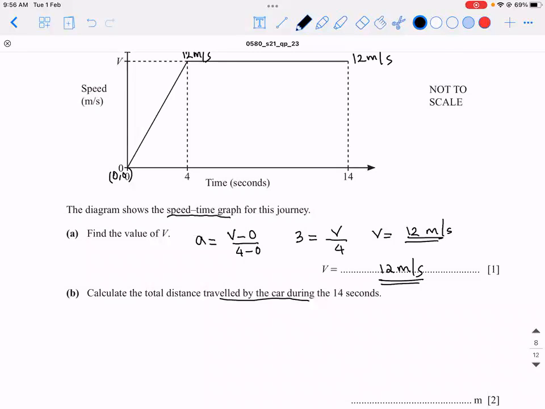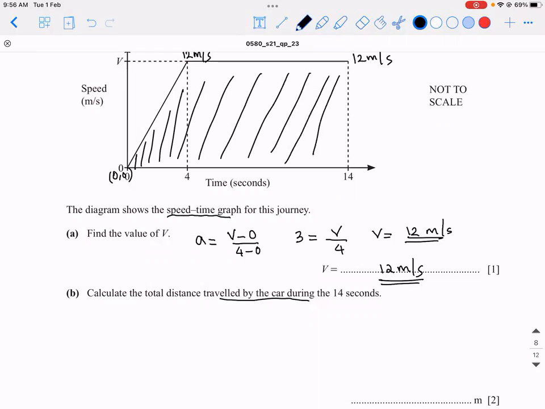So here we have to calculate the total distance. As I said earlier, the total distance is nothing but the area under the speed time graph. So here we are now in a position to find the area of this shape. This is actually a composite shape.